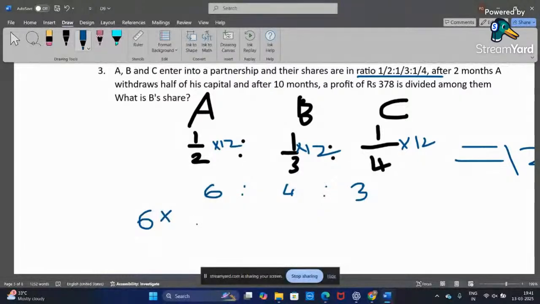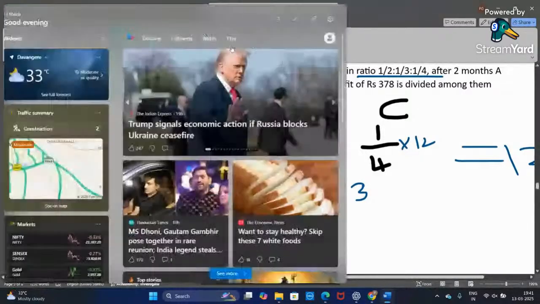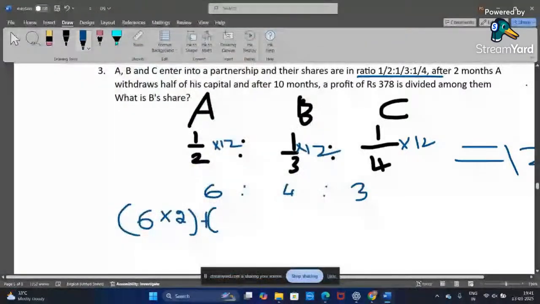So this 6, the full amount was kept only for 2 months, and after 2 months A withdraws half of his capital, and the remaining period is 10 months, so together they complete 1 year.